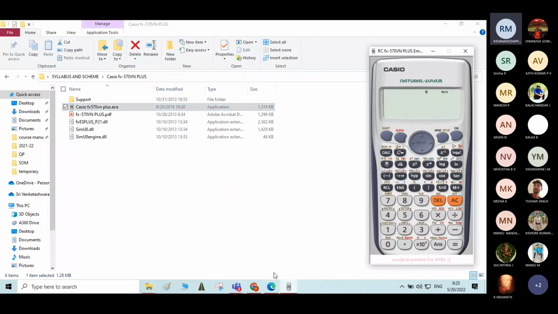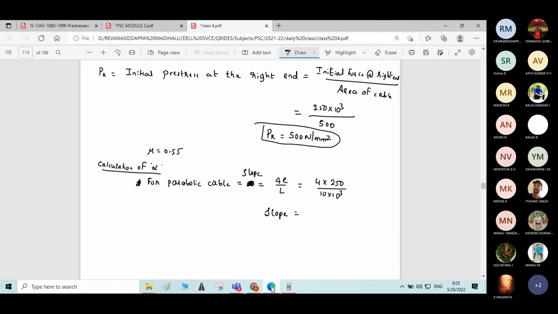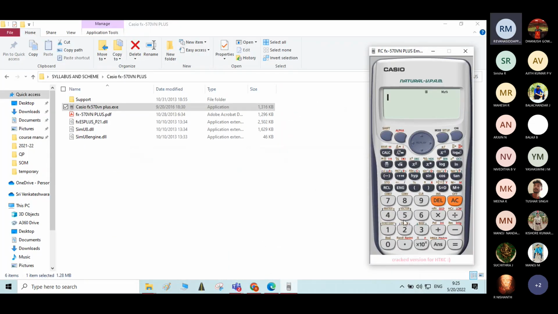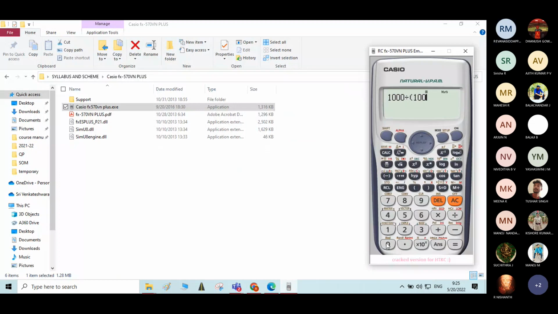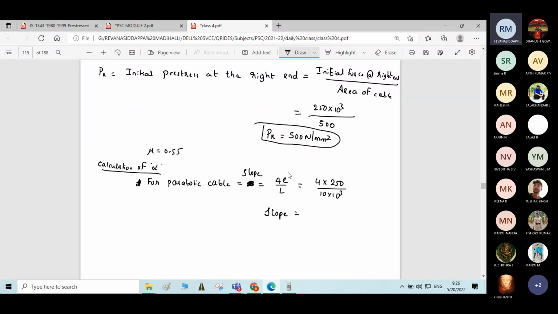How much will you get? 4 into 250 is 1000, divided by 10 into 10 power 3. So you'll get 0.1 as the answer. Slope is 0.1.